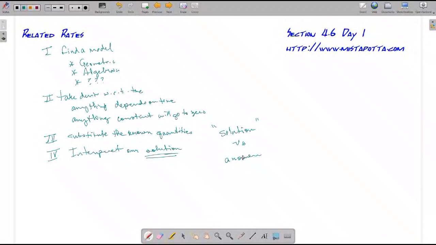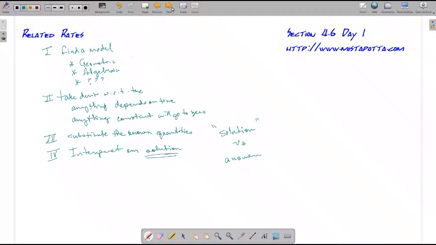But an answer has to answer a question. And we need to make sure when we're doing these application problems that we're really answering the question involved. Not just finding a number, but actually using that number to answer the question.